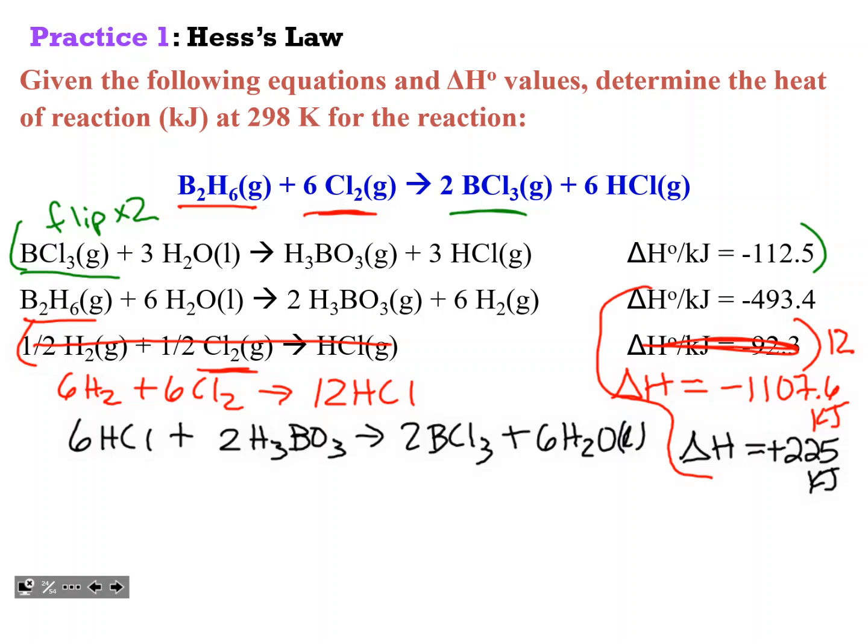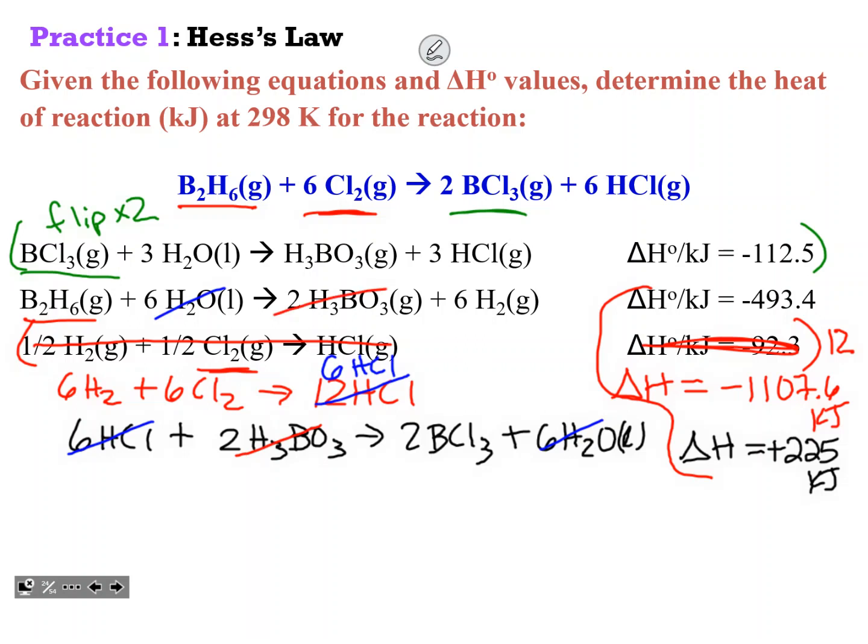Okay, time to look for canceling. So waters go, and we have the 12HCl and the 6HCl. The 6HCl goes away. This turns into 6HCl. And the boric acid, those go.